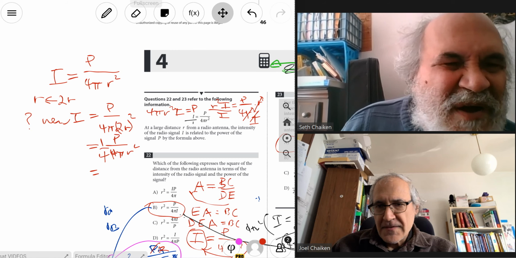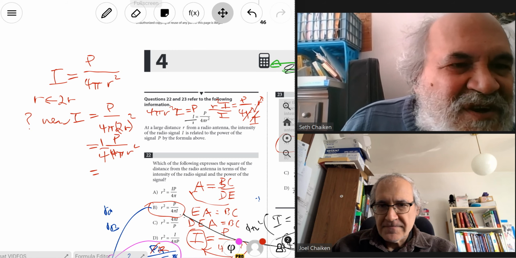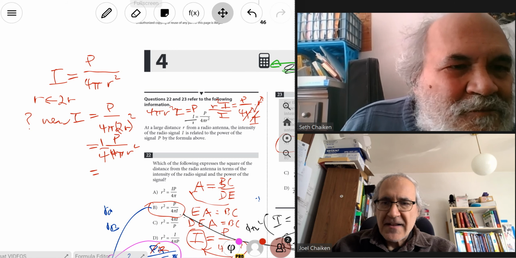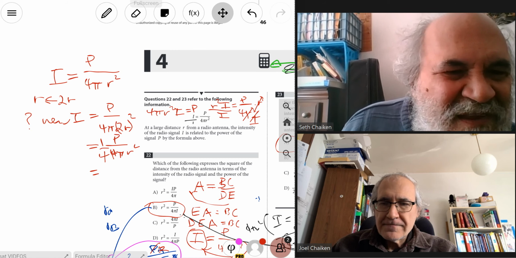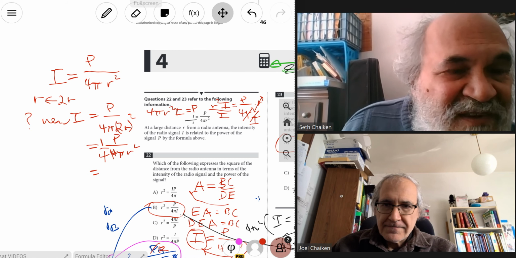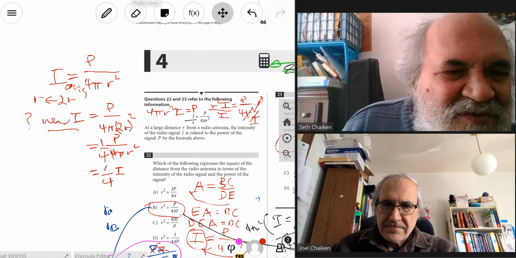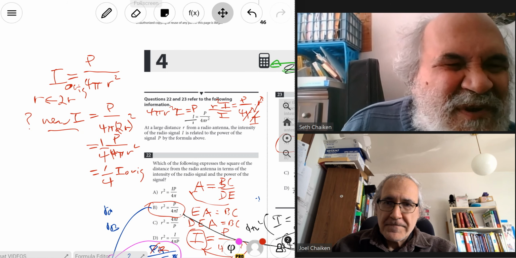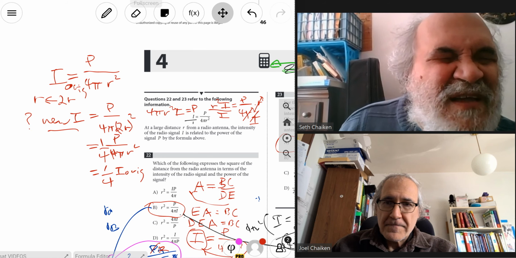P over 4 pi r squared is the original intensity. Exactly, this is the new intensity. So the new intensity is 1/4 of the original. So if R doubles, the intensity goes down by a factor of 4.